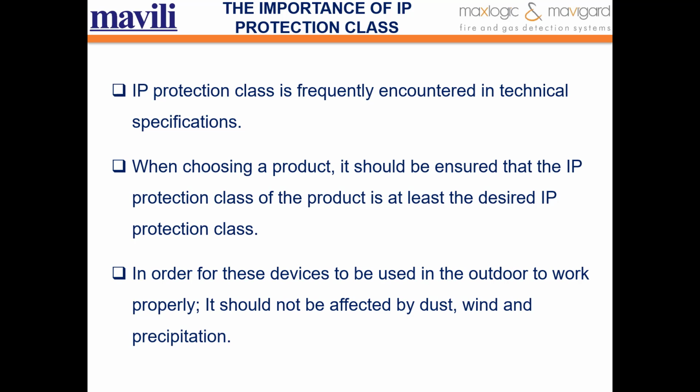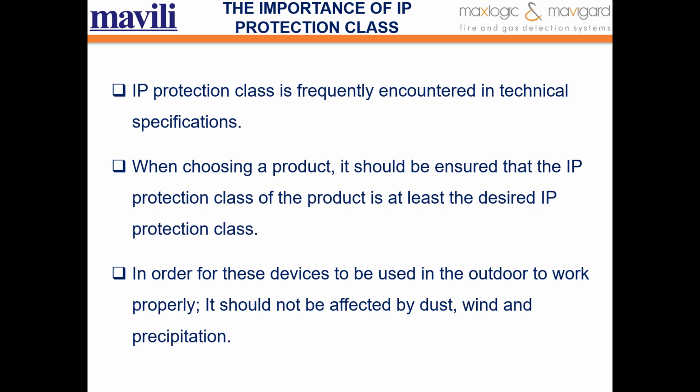The IP protection class is frequently encountered in technical specifications, especially in technical specifications related to fire detection systems, manual call points, sounders, beacons, and sounder beacons to be used outdoors.